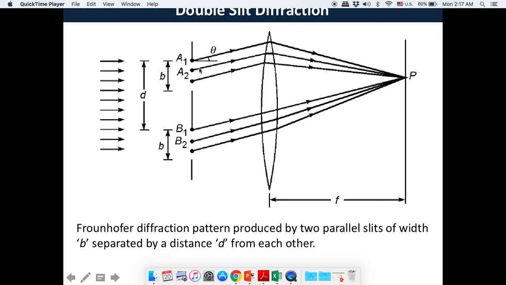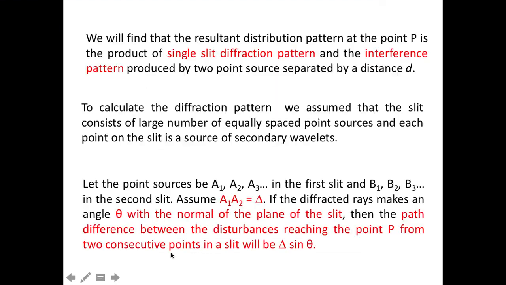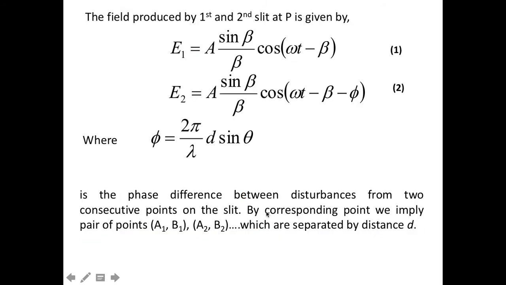If diffracted rays make an angle theta with the normal of the plane of the slit, then the path difference between the disturbances reaching the point P from two consecutive points in a slit is delta sine theta. So this I already covered.